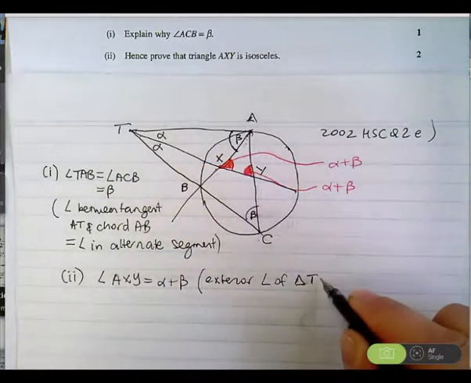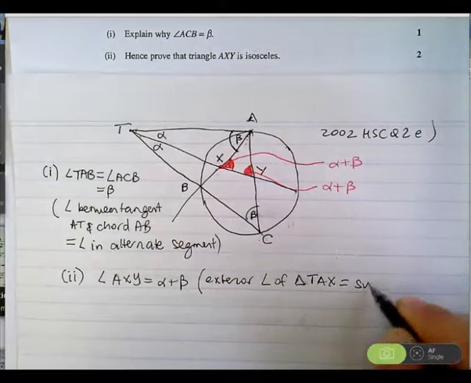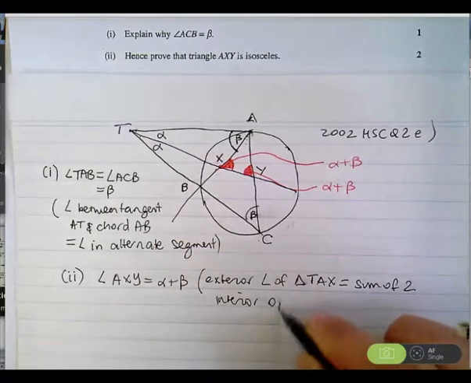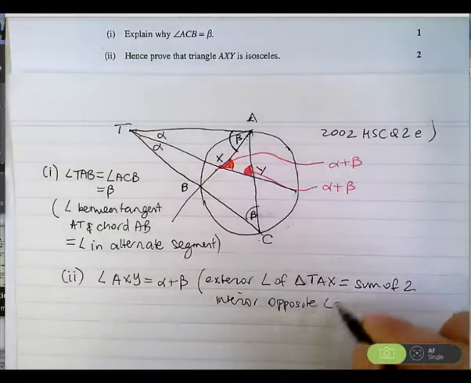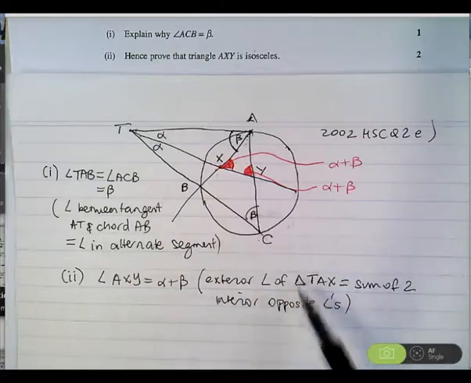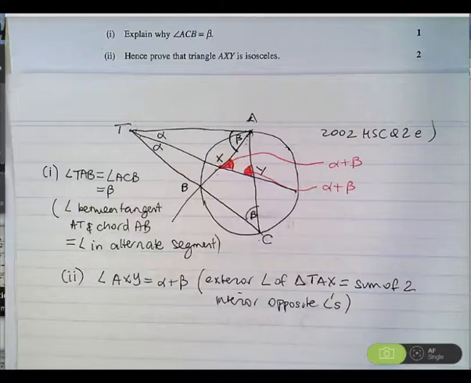Exterior angle of triangle TAX equals the sum of the two interior opposite angles. Girls, notice I'm not abbreviating anything except for angle, triangle, equals. I don't want int angles, I want interior. I don't want op, I want opposite. So the only abbreviations that you are allowed is triangle, angle, equals, parallel if it was there, stuff like that, okay?